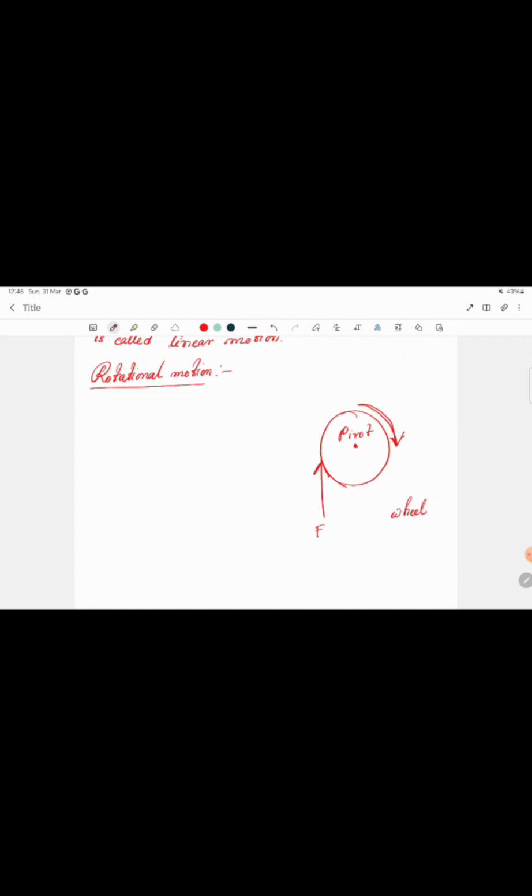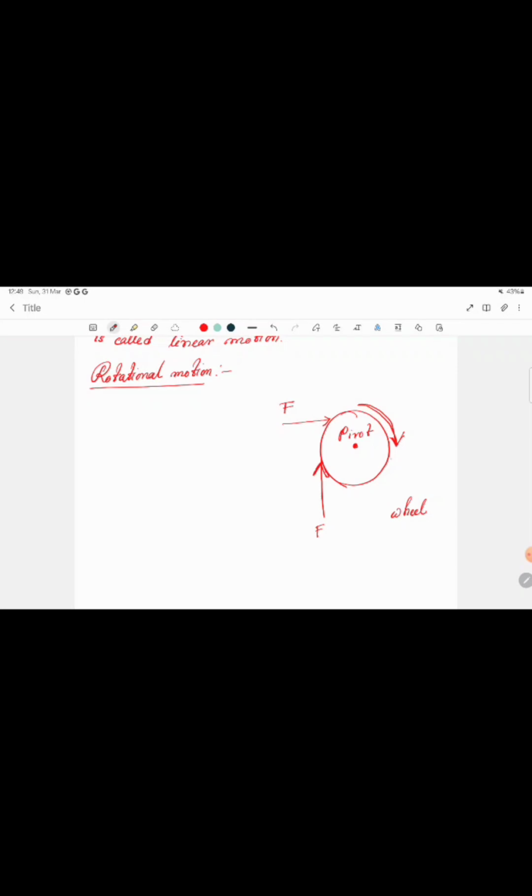Always keep this in your mind: basically this is the turning effect of the force. If a body is pivoted at a point and we apply some force on it in any suitable position, you can choose here, you can choose here also, okay.